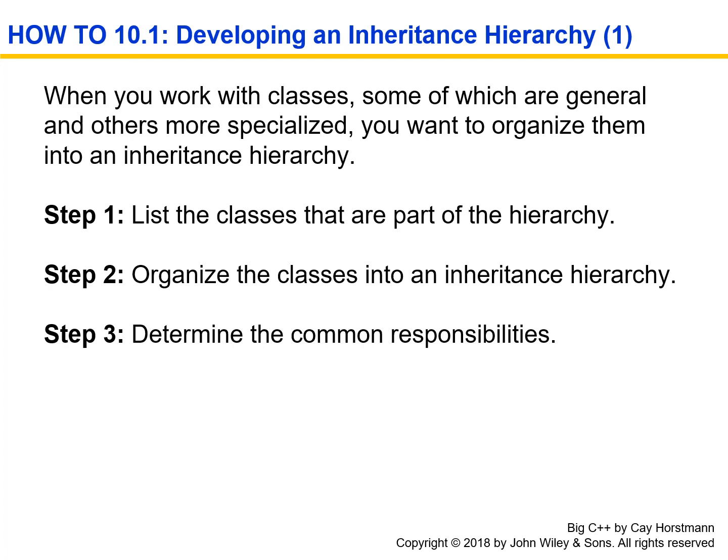Okay. When you work with classes, some of which are general and others are more specialized, you'll need to build your own inheritance hierarchy. The first step is to list the classes that are going to be part of the hierarchy. I've got shape, I've got circle, I've got square, I've got triangle. Organize those classes into an inheritance hierarchy.